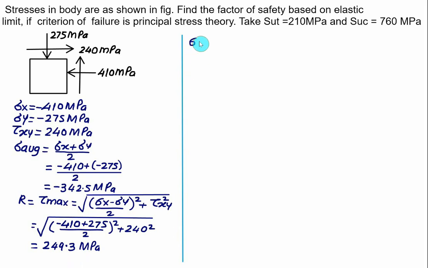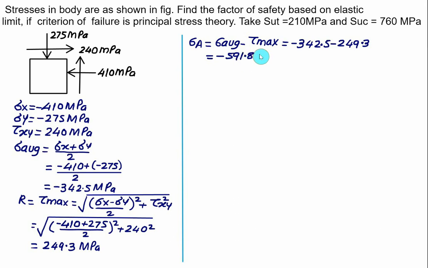So we'll assign the value of sigma a equal to sigma average minus tau max. We have sigma average equal to minus 342.5 and minus tau max, which is 249.3. Always remember the value of sigma a, magnitude wise, must be the larger value. So the value of sigma a will be equal to minus 591.8.